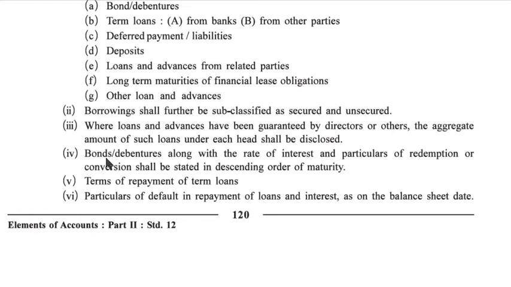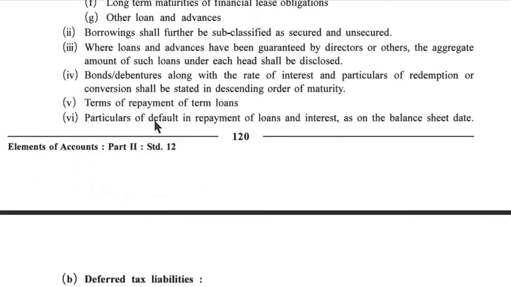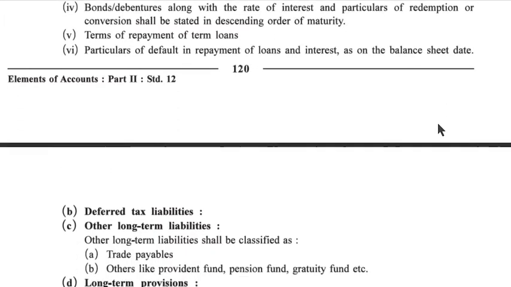Fourth point, bonds or debentures along with the rate of interest and particulars of redemption or conversion shall be stated in descending order of maturity. 5 years, 6 years, whatever it is, a particular redemption period is there. Fifth, terms of repayment of term loans. Sixth one, particulars of default in repayment of loans and interest as on the balance sheet date.